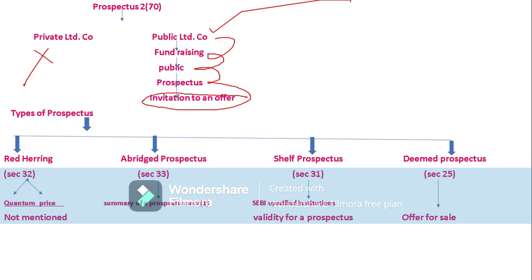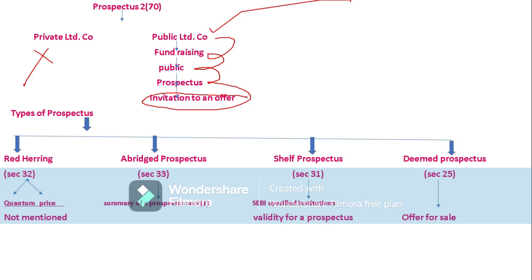And it is important to notice that every time a company has to raise an investment, whenever it is going for a public issue, definitely at that time the prospectus has to be submitted to the Registrar of Companies. Every time a company raises an investment from the public, it is the duty of the company to inform the public about its financial position and the purpose of the investment.